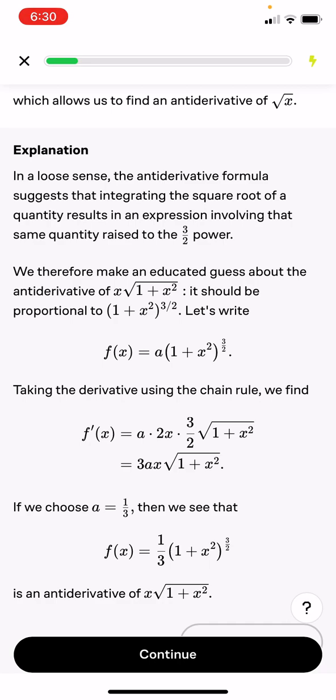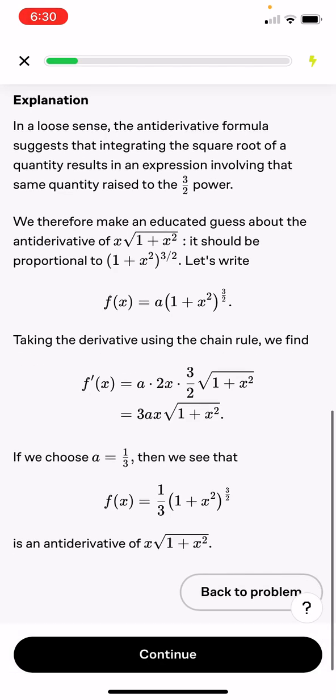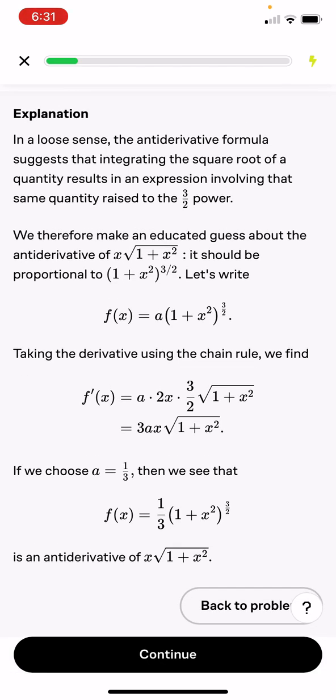Taking the derivative using the chain rule, we find f prime of x equals a times 2x times 3 over 2 times square root of 1 plus x to the second, which equals 3a x square root of 1 plus x to the second. If we choose a equals 1 over 3, then we see that f of x equals 1 over 3 times (1 plus x to the second) to the 3 over 2. It's the antiderivative of x square root of 1 plus x to the second.